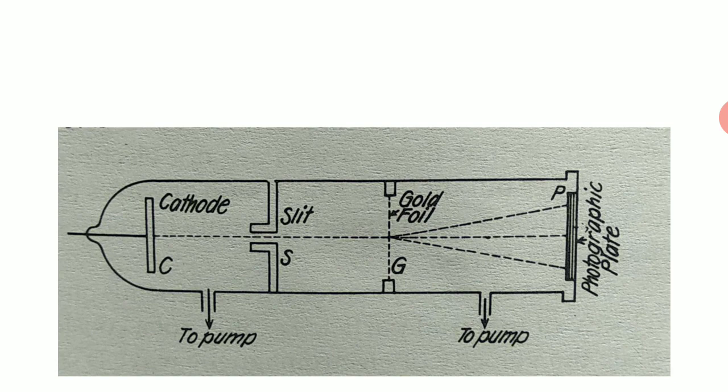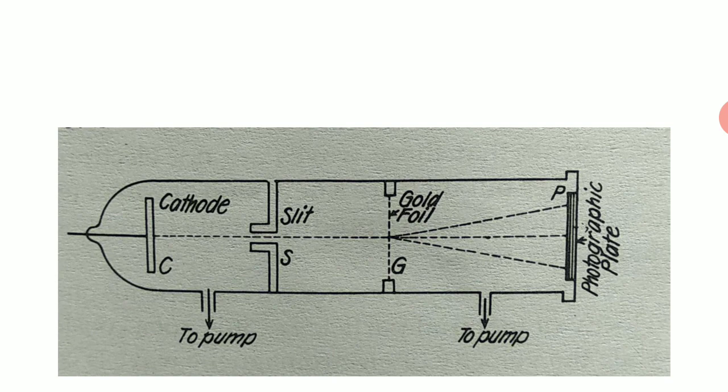The experimental setup is as shown in the diagram. The high energy electron beam is produced by the cathode C. The beam is excited with a potential up to 50,000 volts. A fine pencil of this beam is obtained by passing it through the slit.